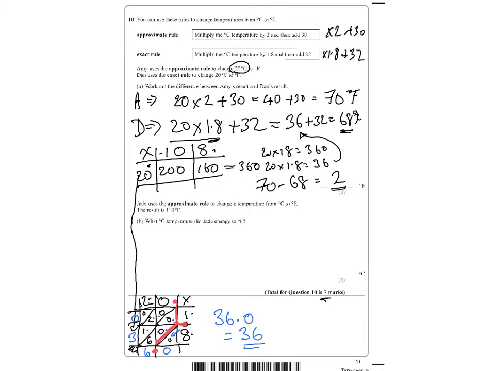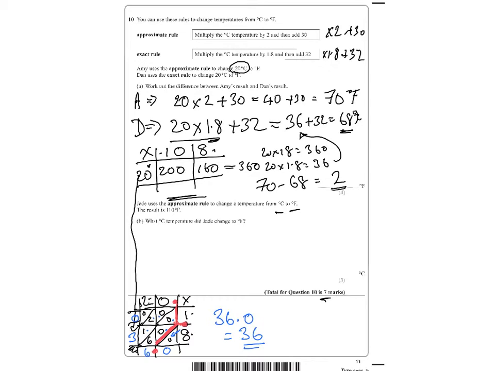Okay, moving on to part B. Jade uses the approximate rule to change the temperature from degrees C to degrees F. The result is 110 degrees F. What degrees C temperature did Jade change to degrees F? In all this question, I'm not interested in the name of the person, I'm interested in the mathematics and the information given to me.